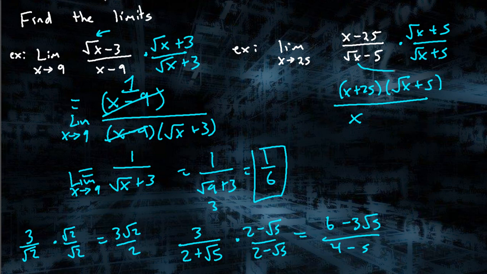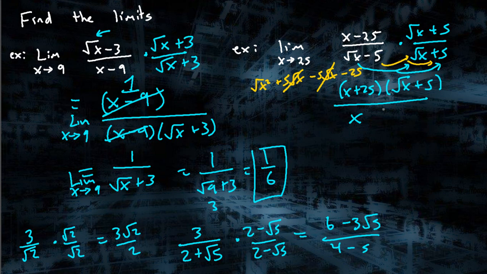See, now when I multiply this out, it's that times that, that times that. So I'm actually literally getting root x squared plus 5 root x. And then when I do this one, minus 5 root x minus 25. So this thing in the middle is going away.